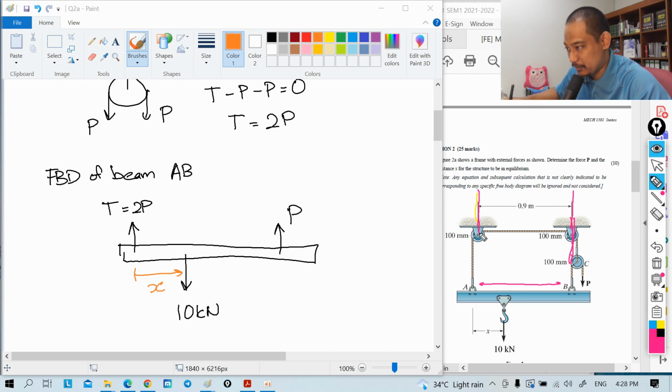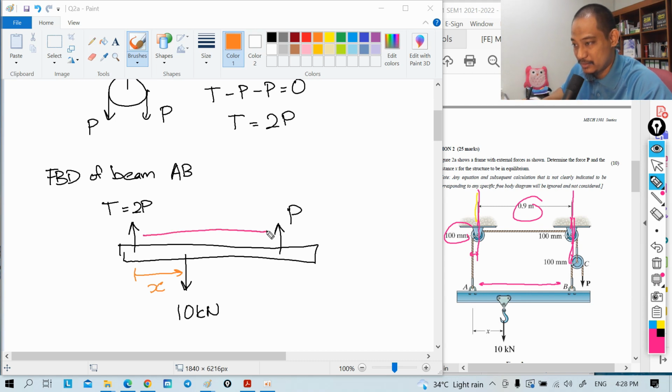But this one, you have to add this to this 0.9, so 0.9 plus the radius. The radius is given there, basically 0.1. So basically the distance here is 1 meter, right?